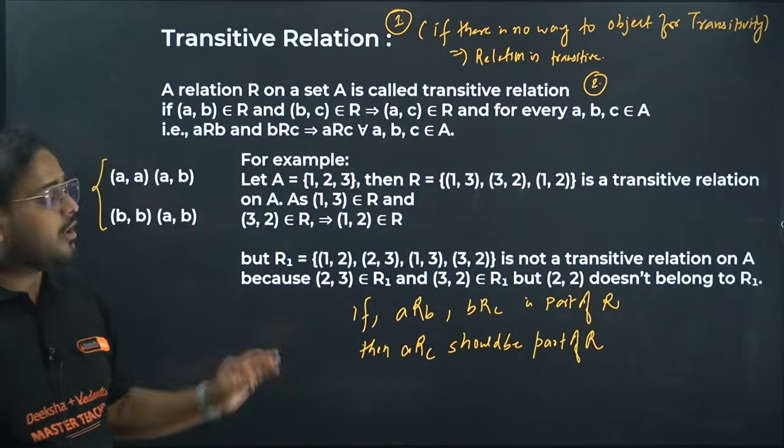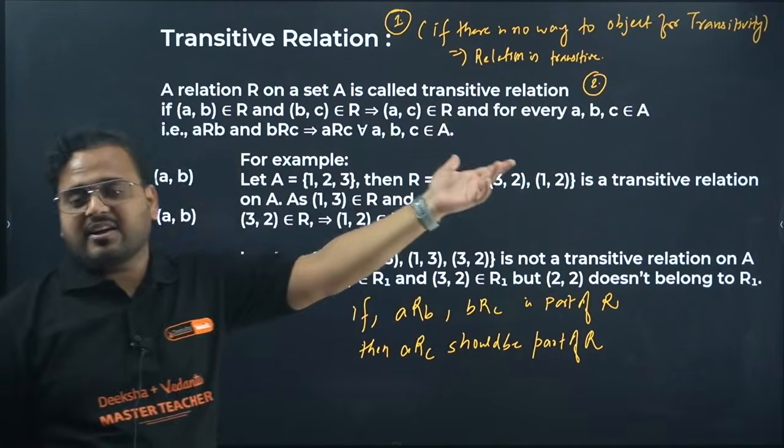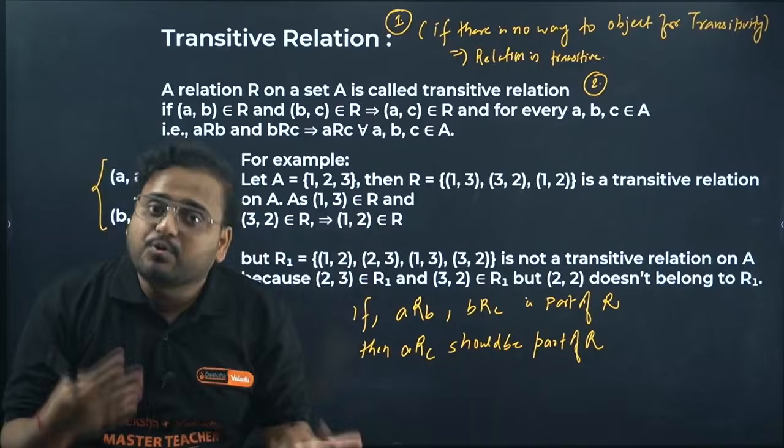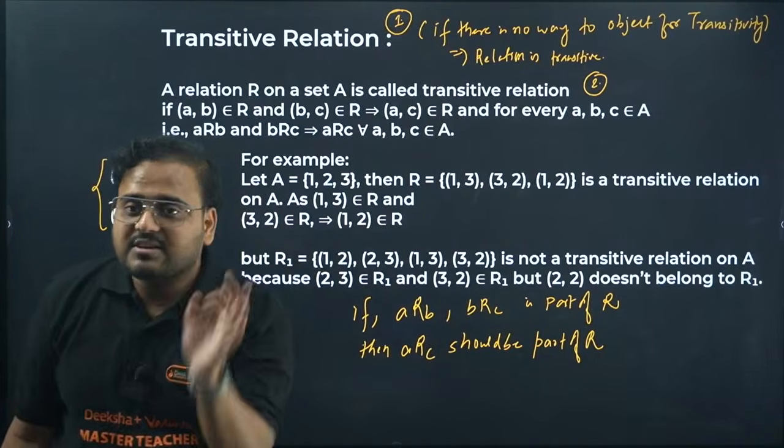That's the definition of your transitive relation. So the first thing I said was how to identify it: if there is no way to object to transitivity, you cannot disprove it, so go ahead with the statement that the relation is transitive.